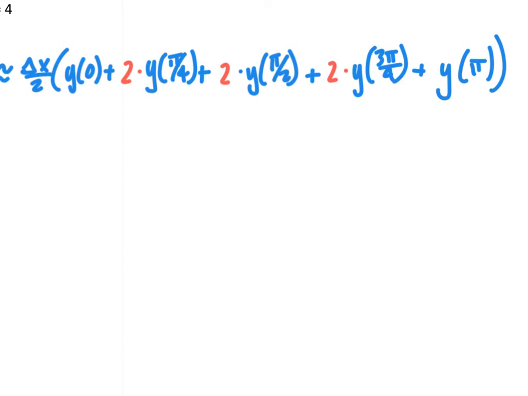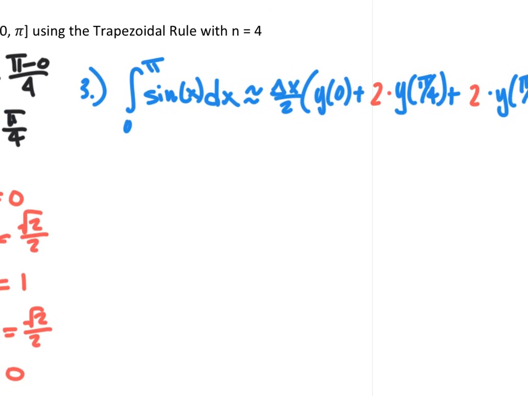Okay, and I'm going to substitute my values in. My integral between 0 and pi of sine of x dx is approximately, and I'm going to plug pi over 4 in for delta x.